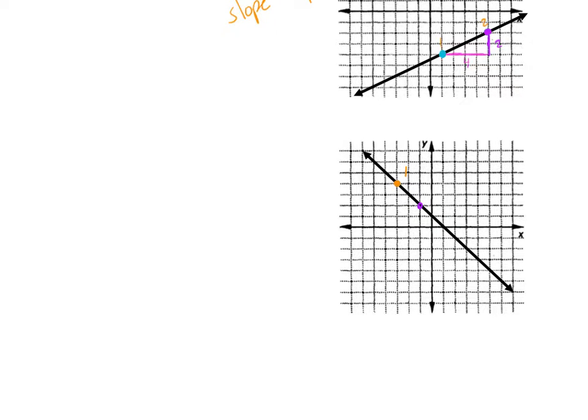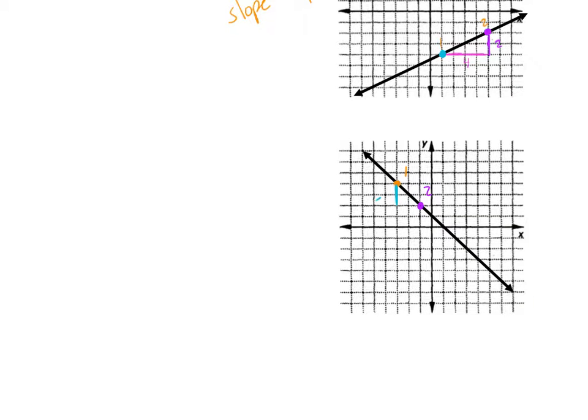We'll go down to here, point number 2. So what's your rise here? How much are you going up as you go from left to right? I have a rise of a negative 2 because I'm going down 2.